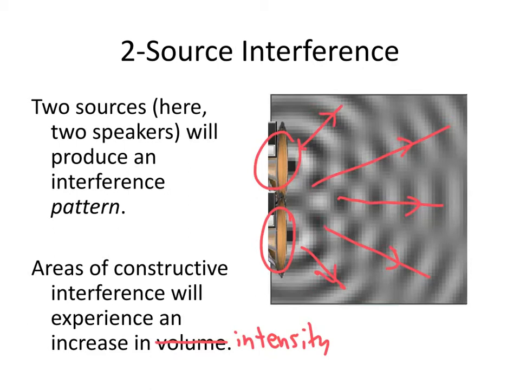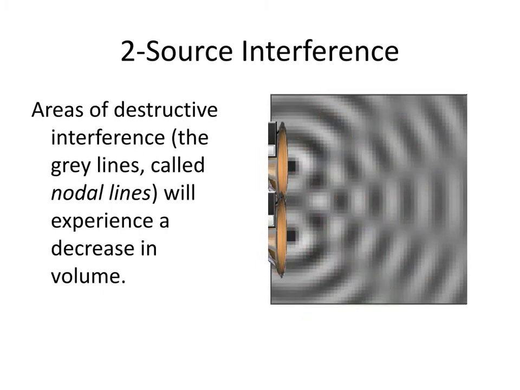So in between those loud areas, we would get the quiet areas, and those are the nodal spaces. Or on the screen, they look like nodal lines. So the blue ones there, that's where you get the low intensity sound, so there's less energy there. So those are the nodal lines, or in 3 dimensions, nodal spaces.